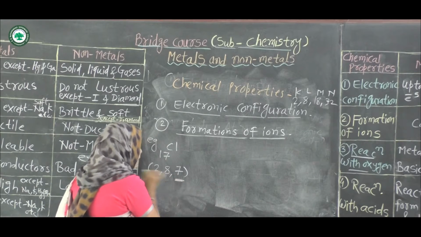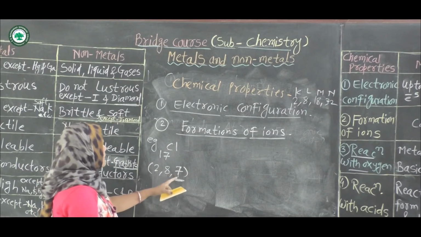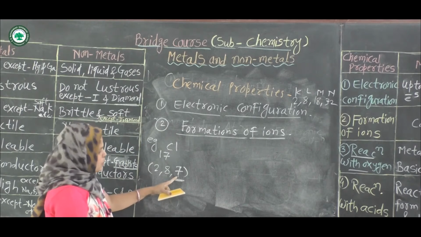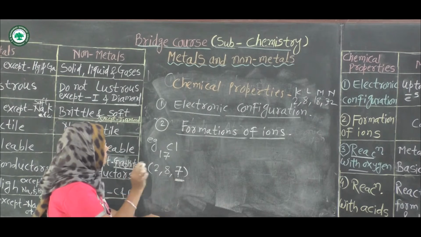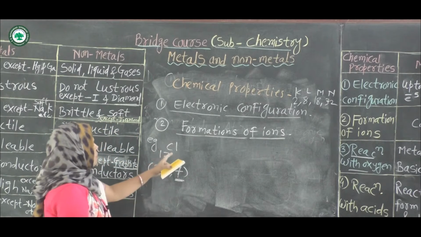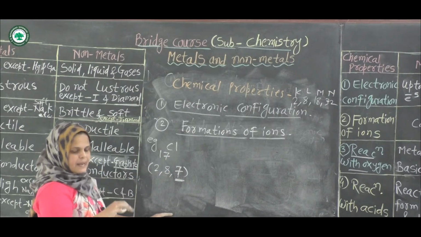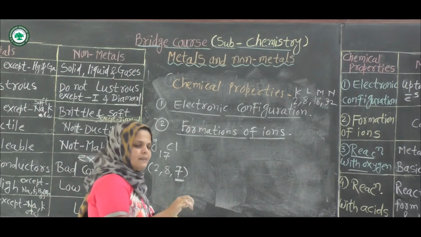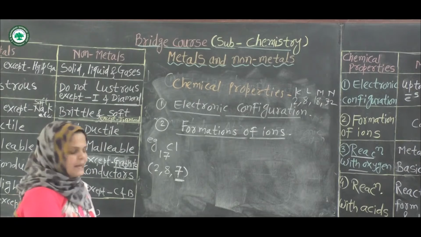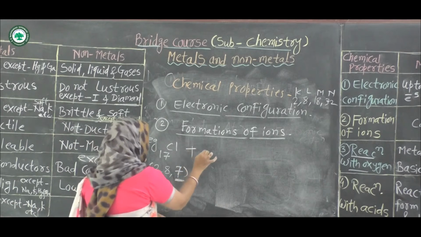See here, how many electrons are in the last shell, the valence shell? There are 7 electrons. So for acquiring the stability of the atom of an element, we know that it shares, loses or gains electrons, but chlorine, for acquiring 8 electrons in the valence shell, gains electrons.